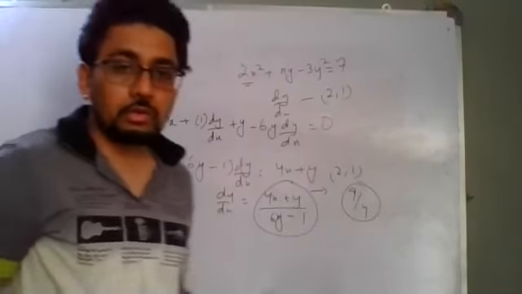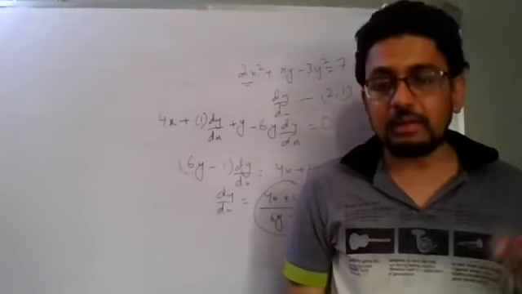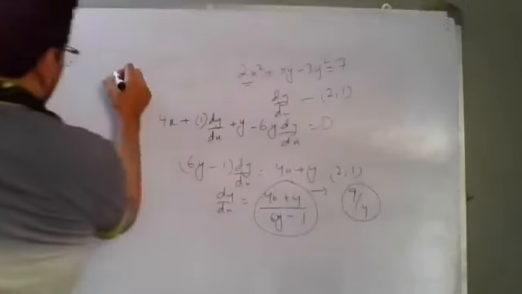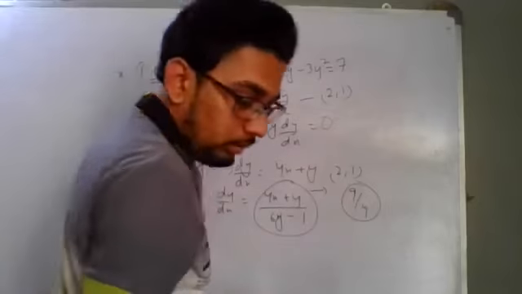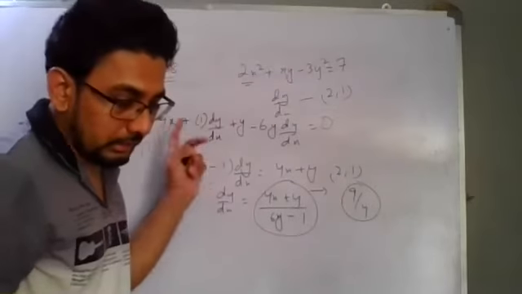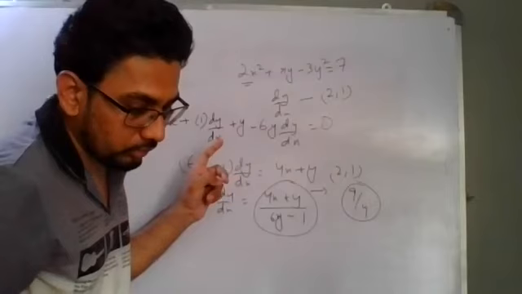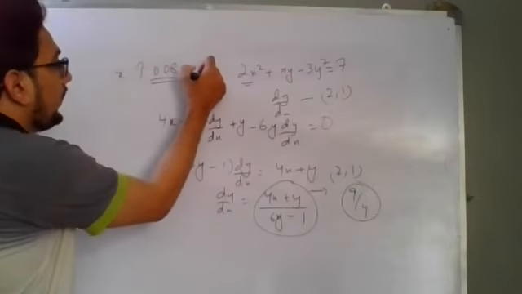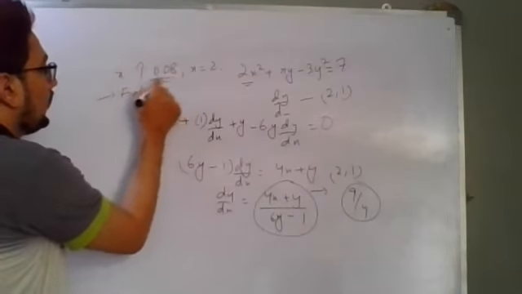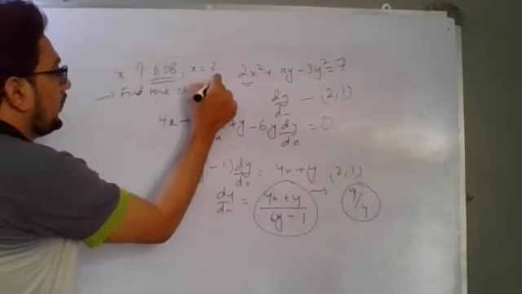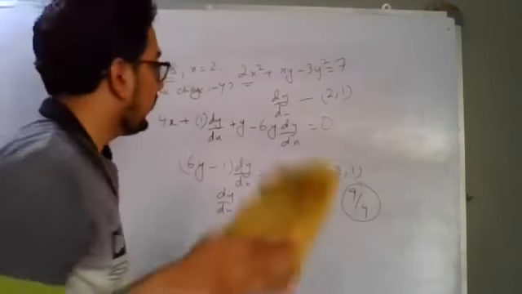Now another question, which is important. Given that x is increasing at a rate of 0.08 units per second when x is equal to 2, find the change in y.